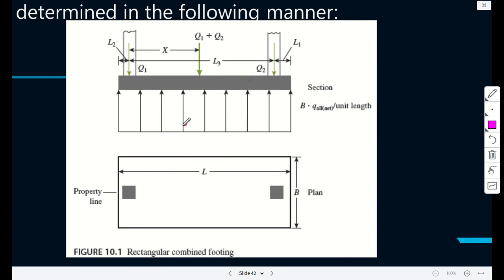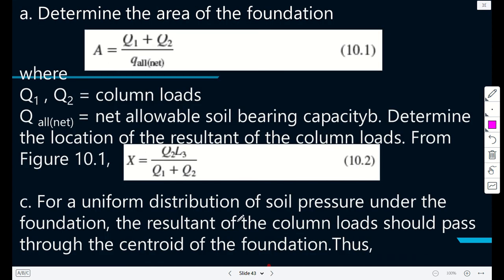Because designing individual footings is not possible at a property line, by combining the footings you prevent the footing from extending to someone else's property.